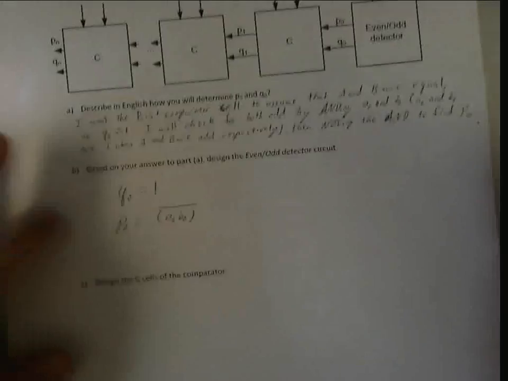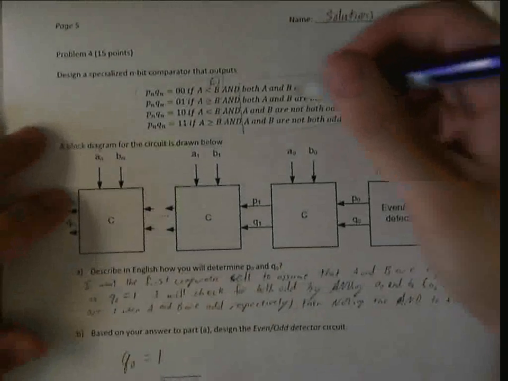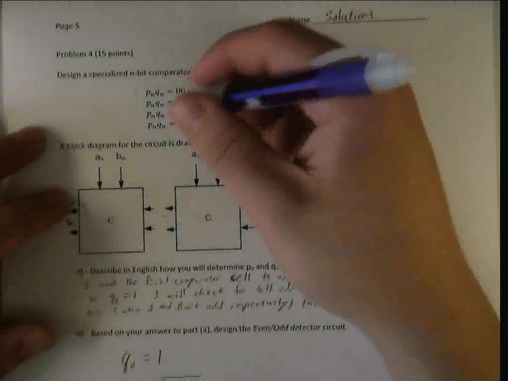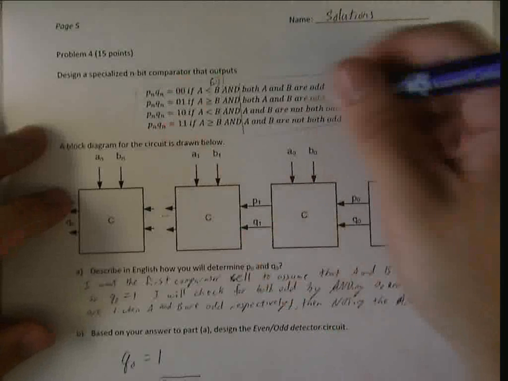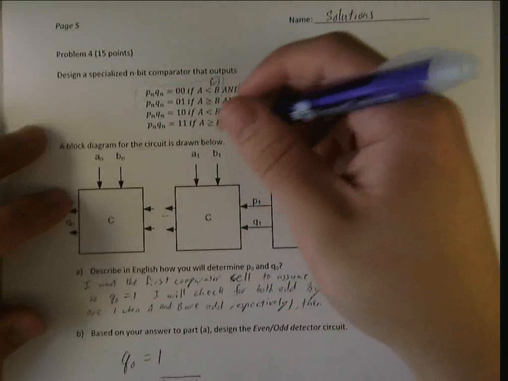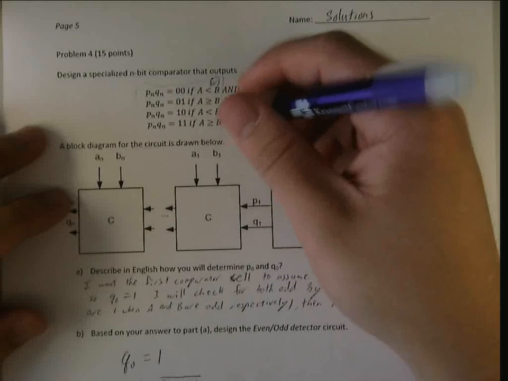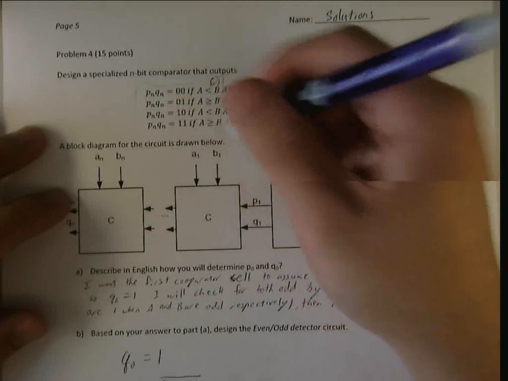cells of the comparator. The first thing you should hopefully notice about this whole thing is that P is 0 whenever they're both odd, and P is 1 whenever they're not both odd. It doesn't really affect whether A is greater or less than B. So the P bit doesn't contain any information about greater than or less than.